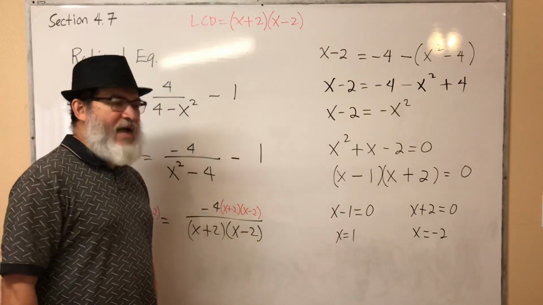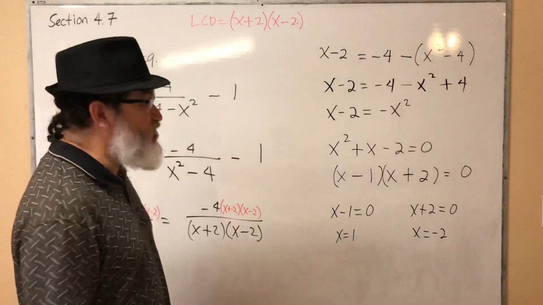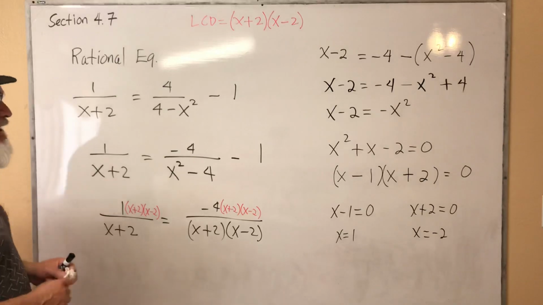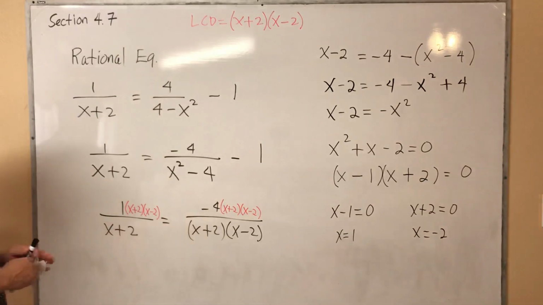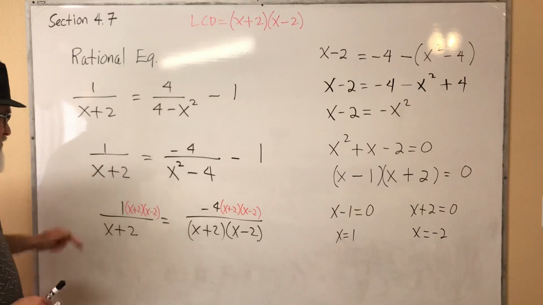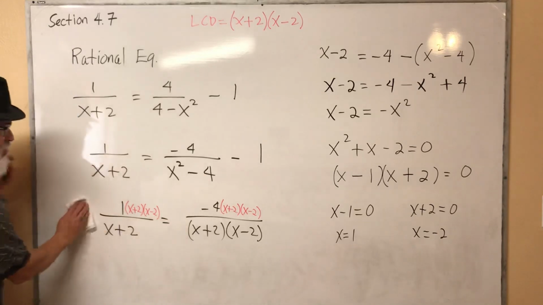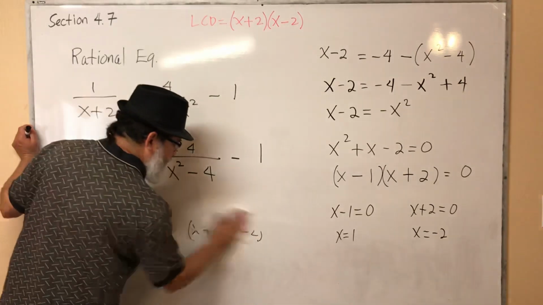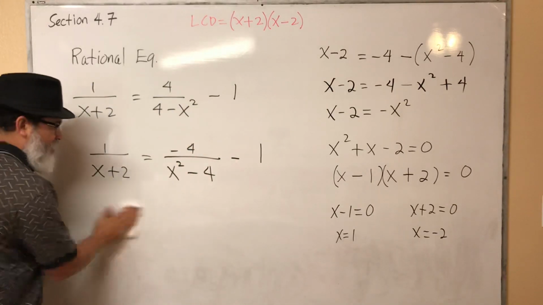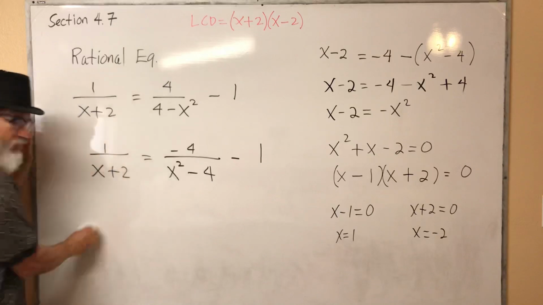We didn't check our answers in the last problem, but we should have. Okay? So let's check our answers. You can check it here or there or there. Okay? Checking our answers. At least make sure that your answers do not make the denominator 0.